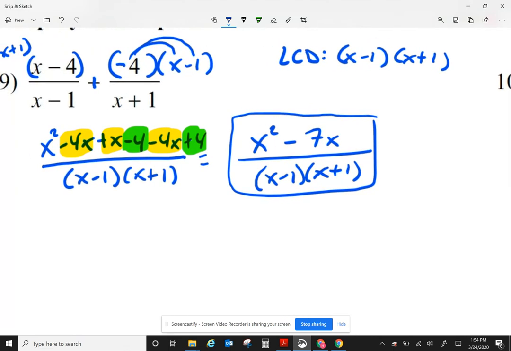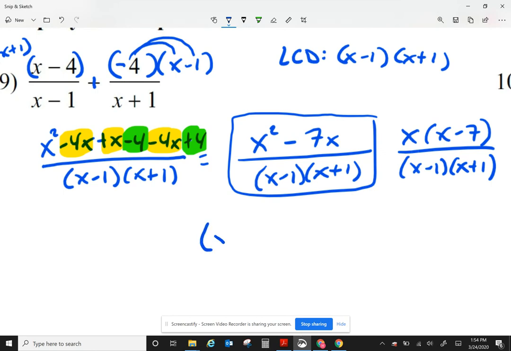But if you do want to factor the top, I can factor an x. So that gives me x minus 7 over x minus 1, x plus 1. You don't have to factor the top. Now, how am I going to type this? I'm just going to type in for the top x squared minus 7x over.